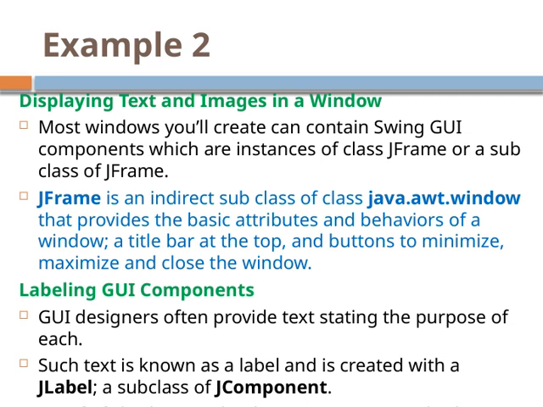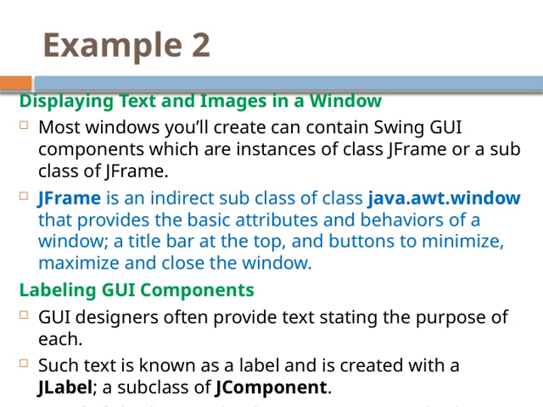JFrame serves as the main window container and is an indirect subclass of java.awt.Window, meaning it inherits the basic window features. When you create a JFrame, it automatically provides essential elements like a title bar at the top and buttons to minimize, maximize, or close the window.